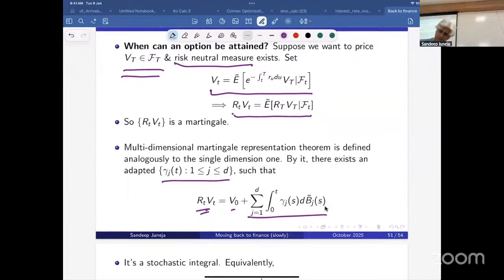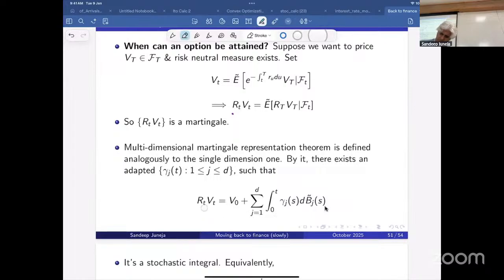So I get this for free. The martingale representation theorem has given this to me. My question again is, I've been given this option and I want to construct a replicating portfolio process which matches this option. And the martingale representation theorem has given me this representation, which I can try and exploit.